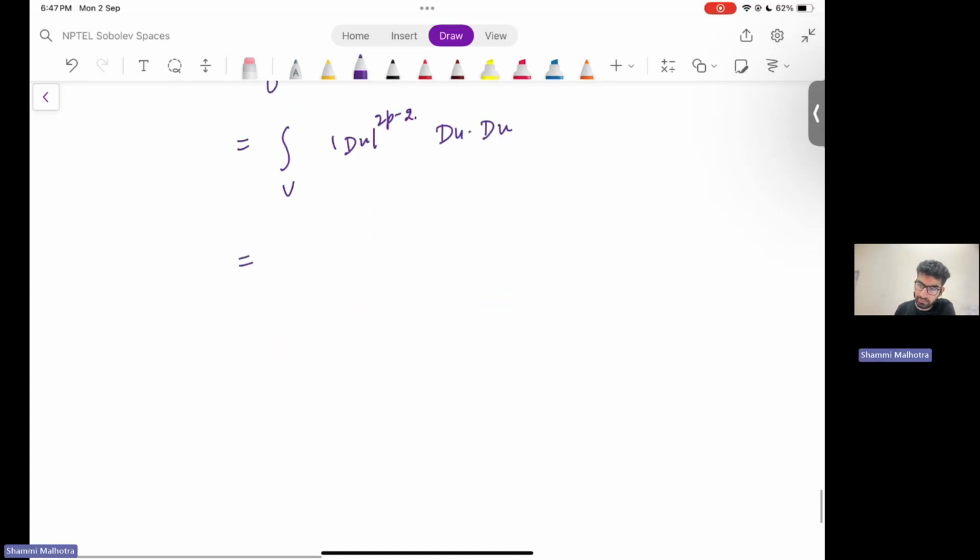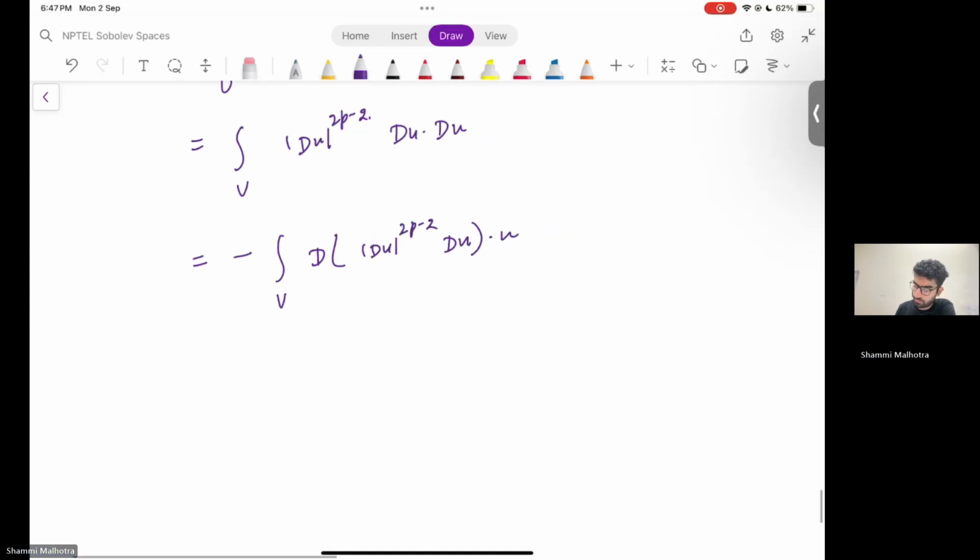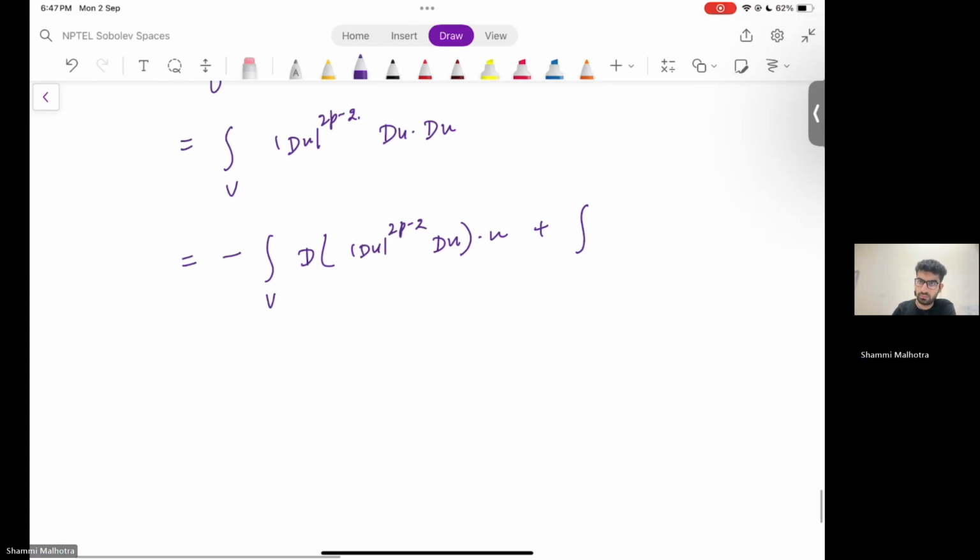And then you use the integration by parts, minus u times D of mod Du to the 2p minus 2 Du, plus the boundary term. The boundary term actually again vanishes.